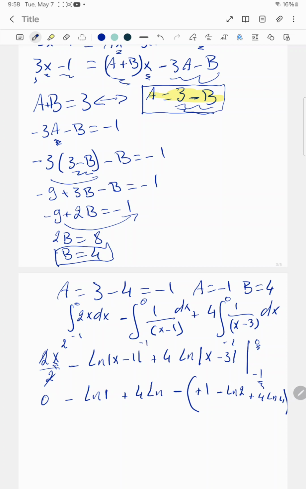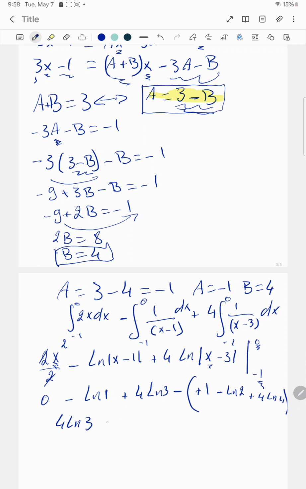And that's your answer. We know ln of 1 is equal to 0. 0 minus 0, we get rid of it. And we have 4 ln of 3 because we replace x by 0.